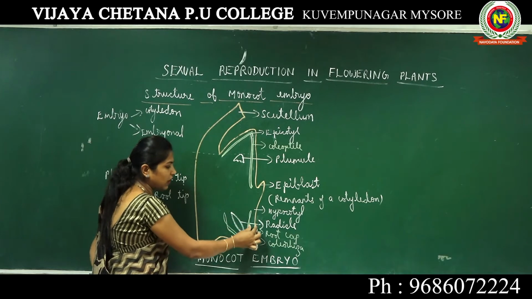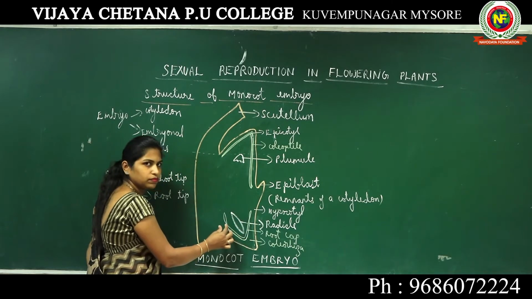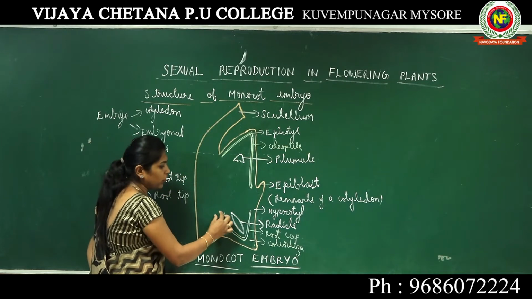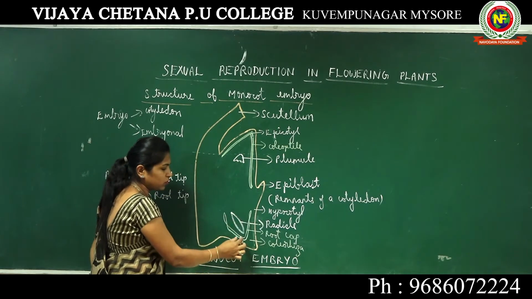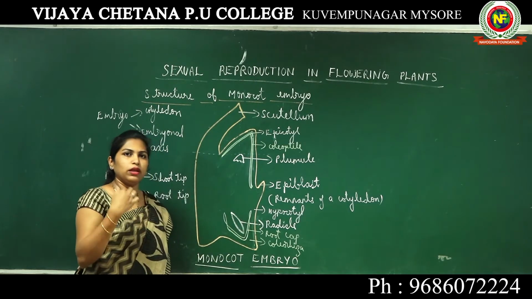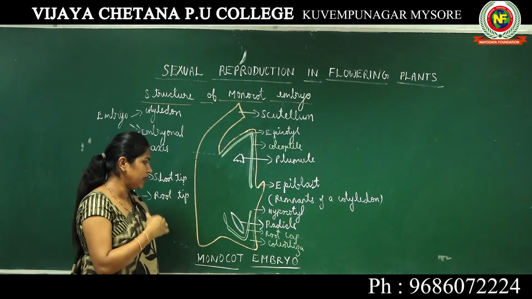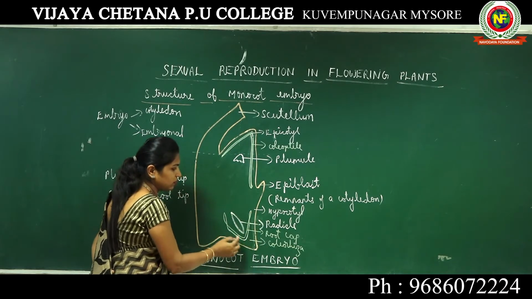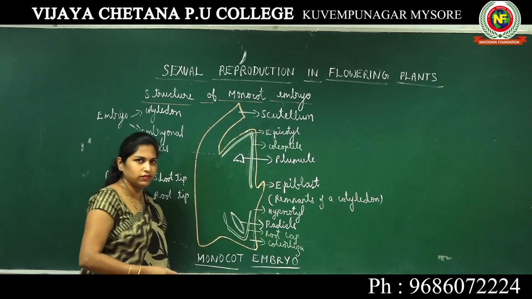However, since it is undifferentiated, we are not drawing any particular structure to show the coleorhiza. We have to imagine in our mind that it is an undifferentiated layer present here. It is known as coleorhiza.